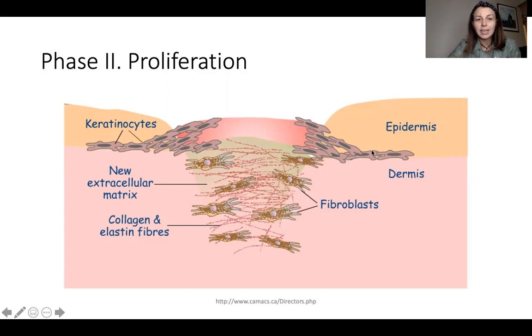As the keratinocytes are moving across to fill in over where the scab was, they kind of crawl on each other in this way. They creep this way and crawl and create that barrier. So I just love this illustration.